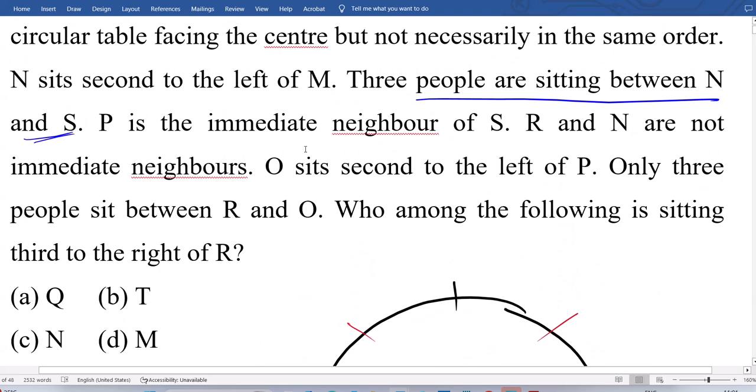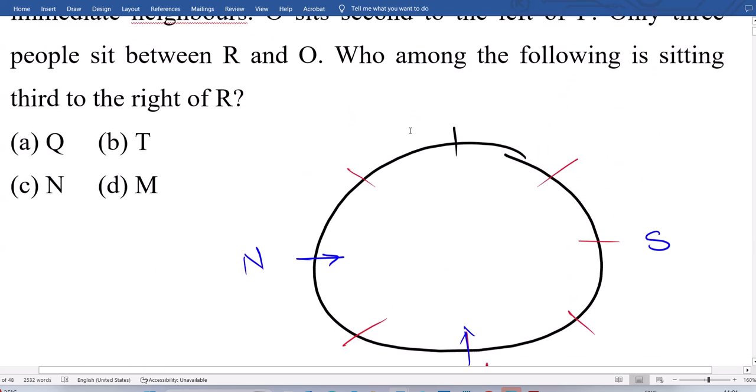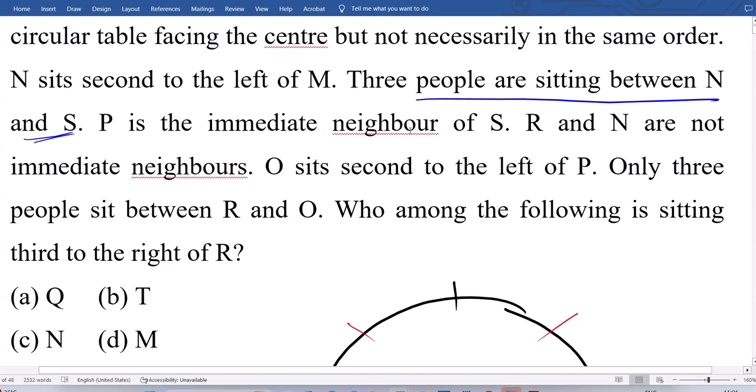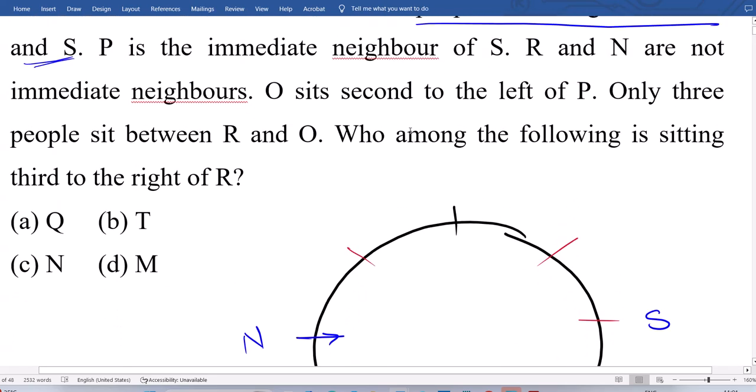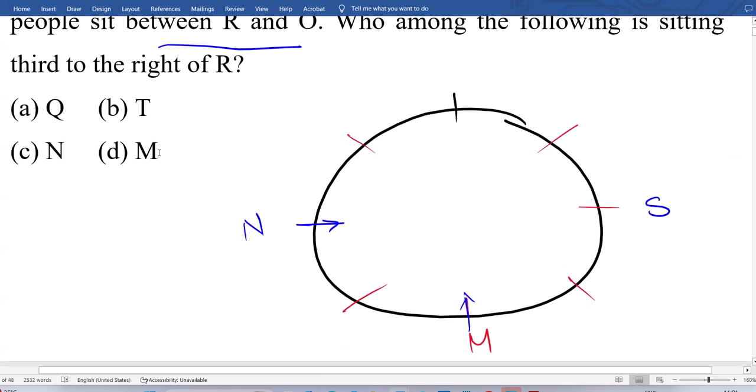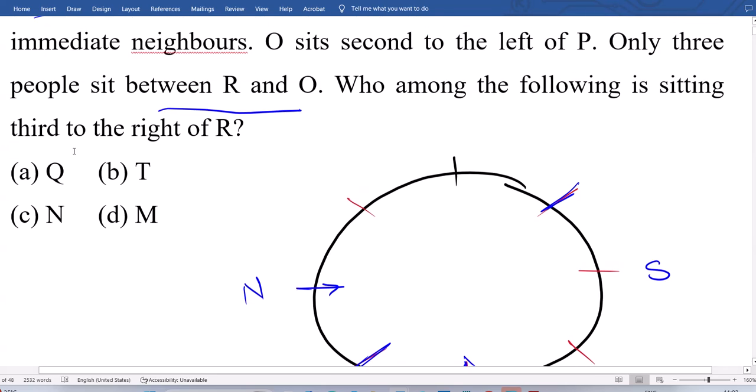P is an immediate neighbor of S, so it can be left or right, two possibilities. O sits second to the left of P. Wherever P is, O sits second to the left of P. Only three people between R and O means R and O are opposite. So opposite slots are available only here and here. We'll do trial and error.